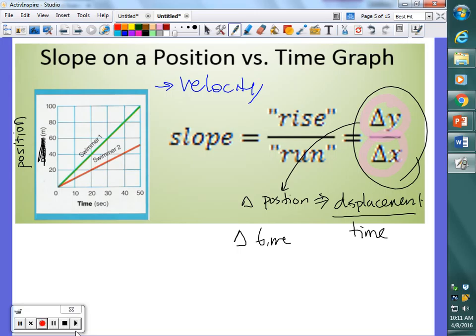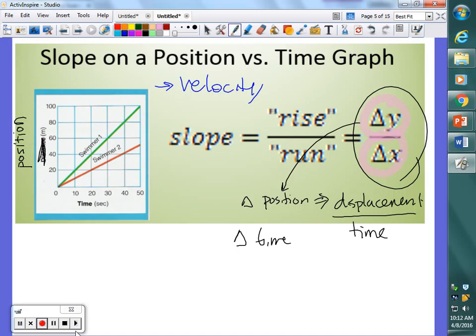Now, sometimes it might make more sense for you to figure out the reference point, because you can basically call anything you want the reference point as long as you keep it consistent throughout the entire situation that you're measuring. There's going to be an example later on that I'll use to show you what I mean with that. But if I'm going to ask you to find displacement, I've got to tell you where it started and where it finished.